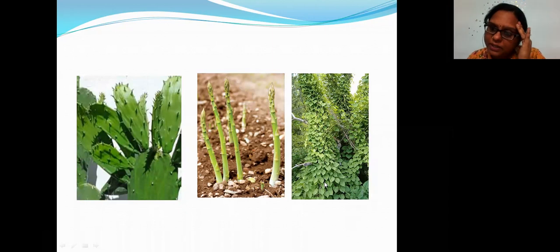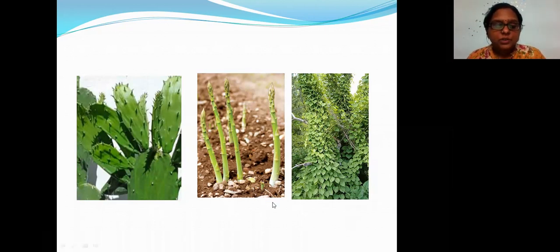Actually, this plant you might have seen. It's completely covered, like a mountain it will be, and you cannot see any area without the leaf. It exactly looks like this. When you travel in a train, you might see these types of plants in the forest area.